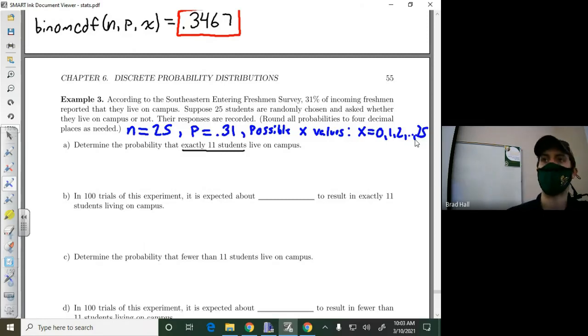So when they say exactly 11 students, what they're telling us is that x is exactly 11. They're saying out of those possible values from 0 to 25, I want to know the probability involving exactly 11 students. So when we have an exact equality for our binomial probability, that's when we use PDF.